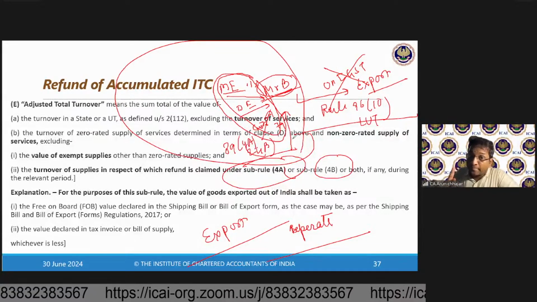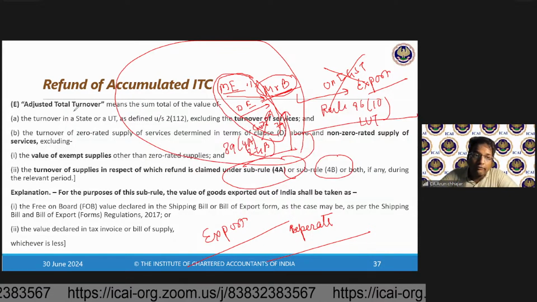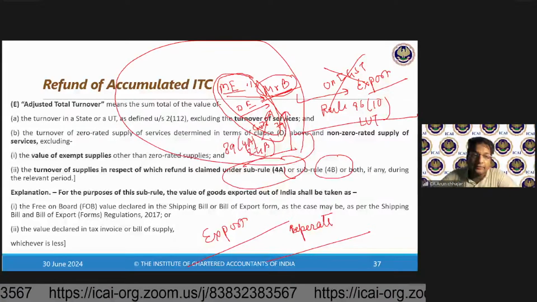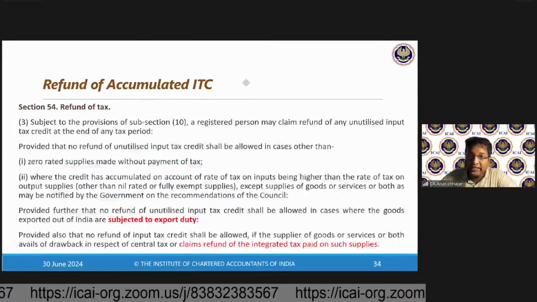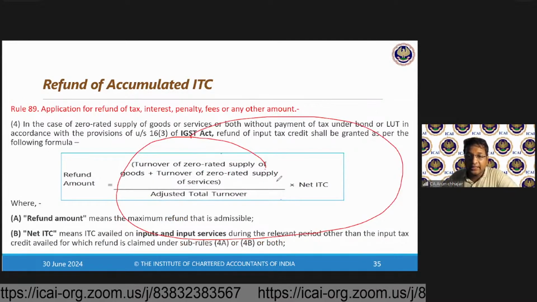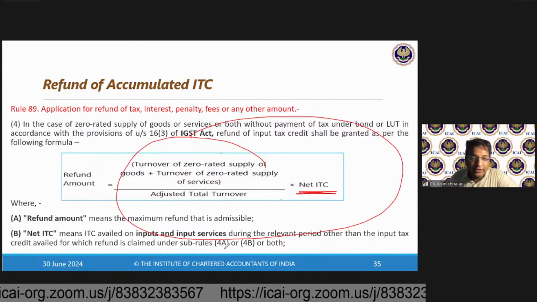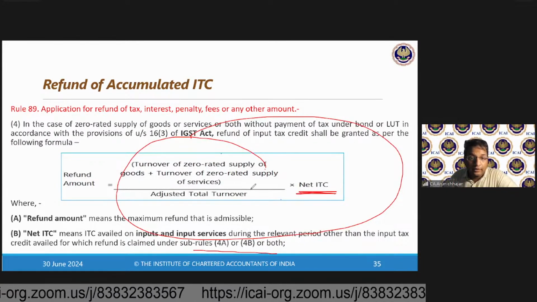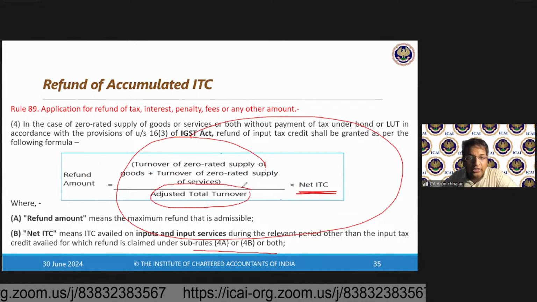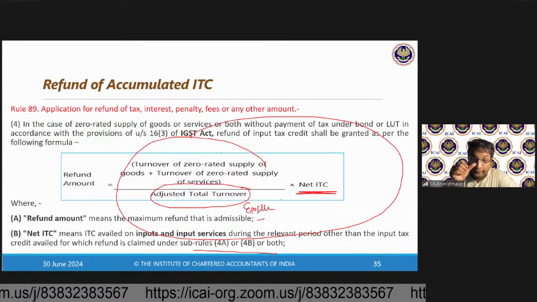And therefore, whenever we are calculating the different components in the formula, in the calculation of net ITC, we will exclude the ITC of 89 4A 4B. When we are calculating the total turnover, we will exclude the turnover of 89 4A 4B.